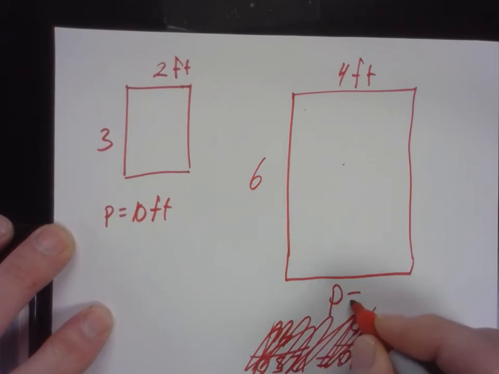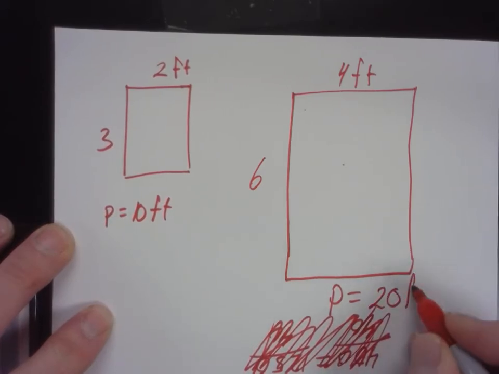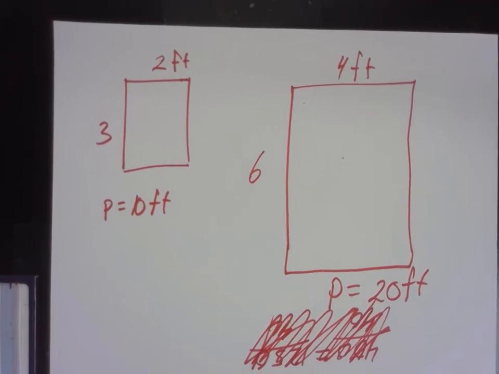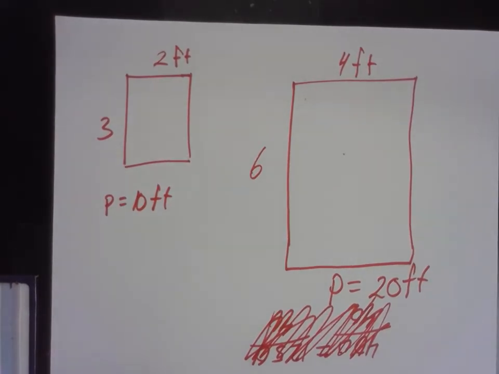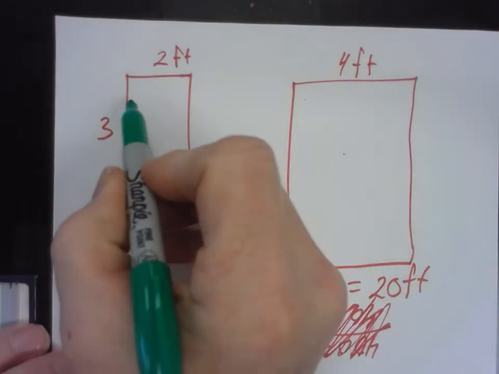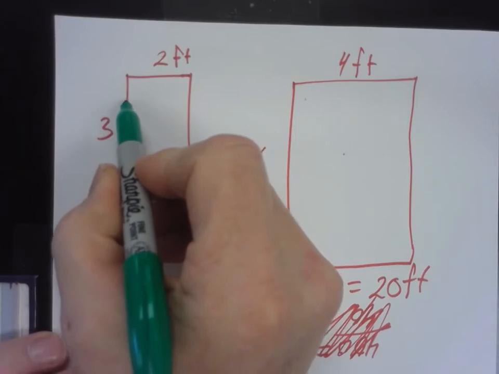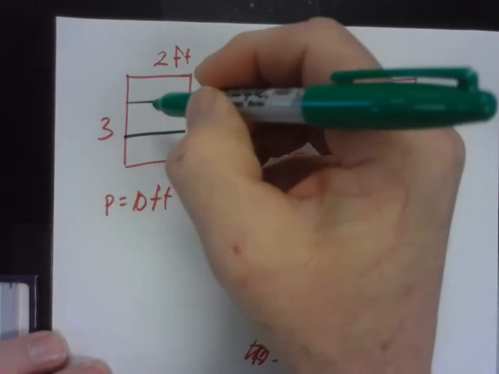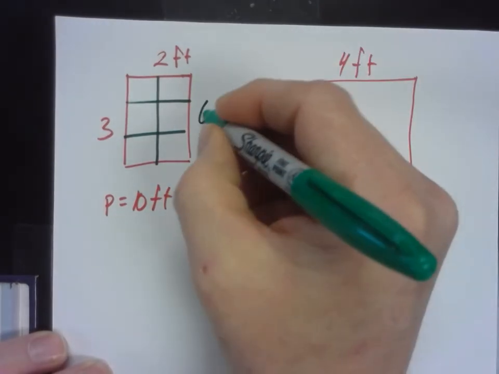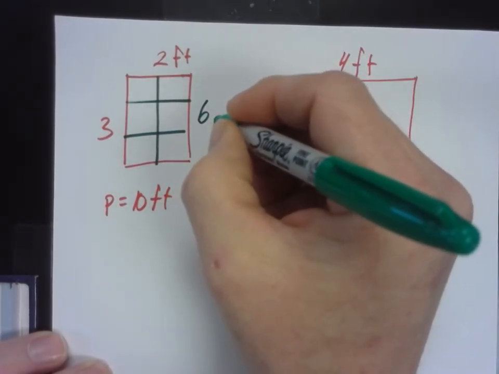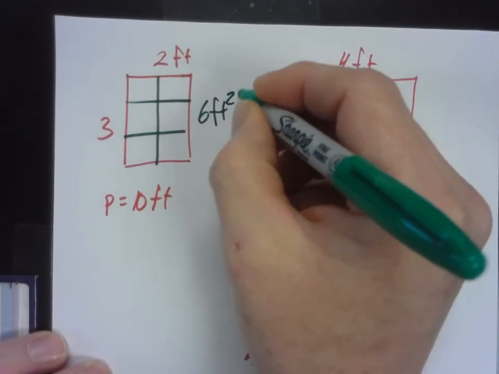And the perimeter doubles. Okay, what do we have for an area here? Six what? Square feet. Okay, 6 square feet.